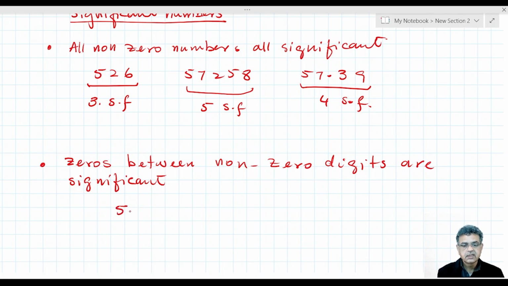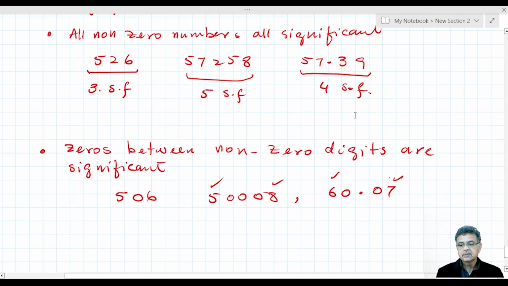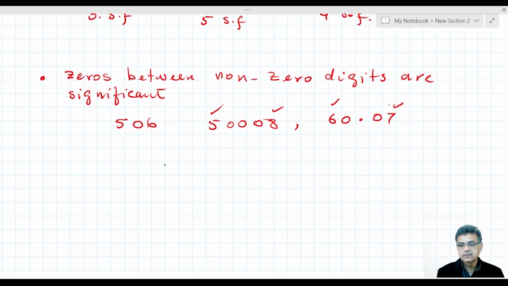Like this was 526, if it is 506, or 50008. These are two non-zero digits, and zeros are between non-zero digits. Or if it is 60.07, then these are non-zero digits and zeros are in between them. So once again, it makes no difference whether there is a decimal or not.